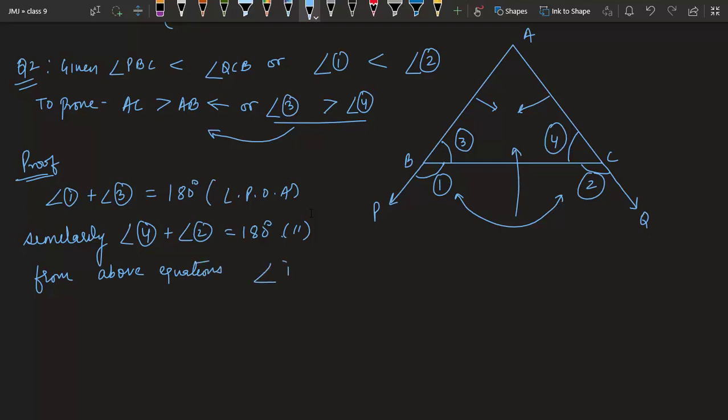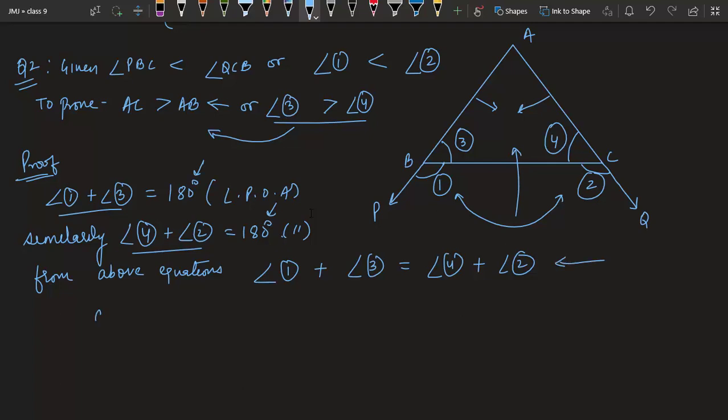So from the above equations, we have got angle 1 plus angle 3 is equal to angle 4 plus angle 2, because they both have the same right hand side, which means they will have the same left hand side also, because two things which are equal to the same thing are equal to one another. Now we have got this relation.